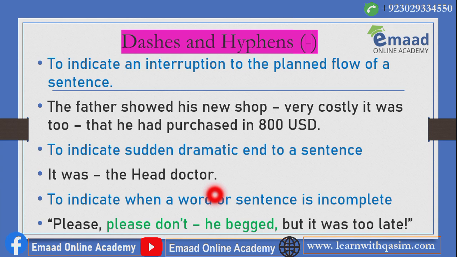Please do not, what not to do, that is omitted. That is not added here. So when a word or sentence is incomplete, we also use it: please do not, he begged. So here the verb is missing, that he actually said please do not, and then he missed something after that.